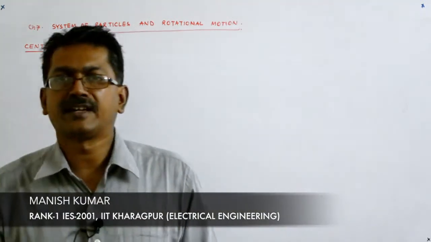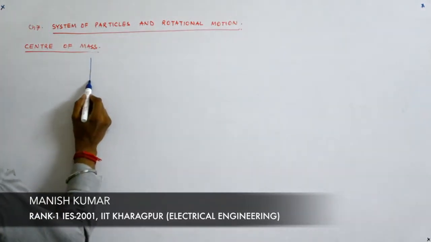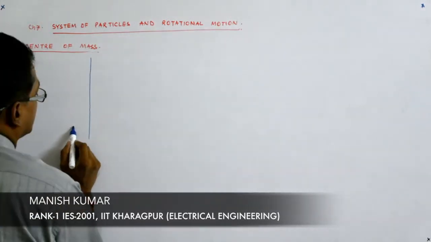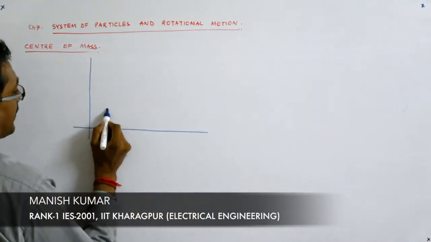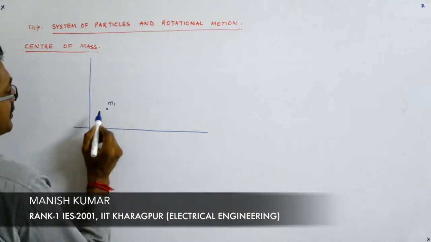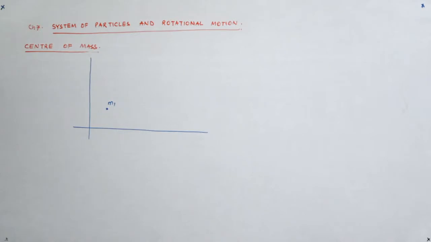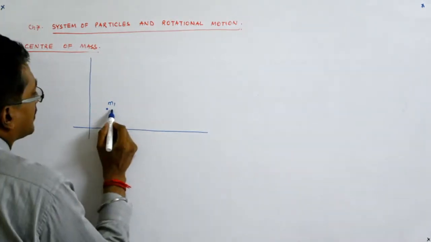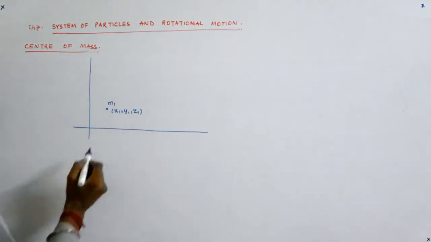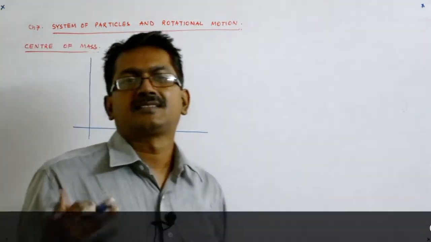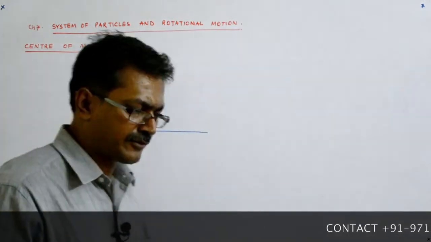While finding out the center of mass, there is a common convention. See, wherever I put my mass m1, the coordinates relating to that item have the same subscript: x1, y1, z1.